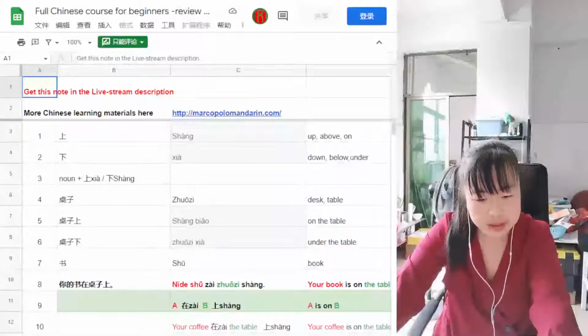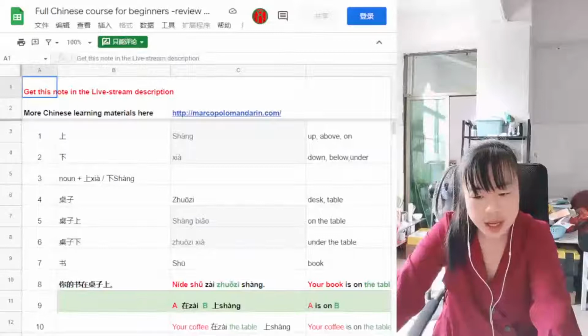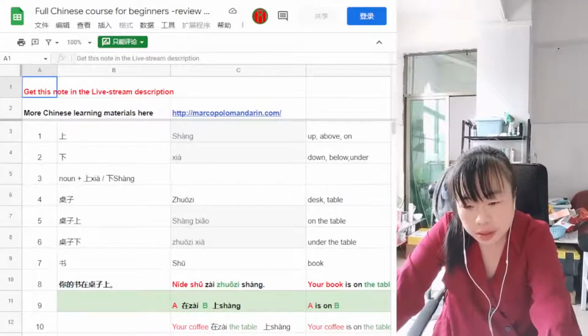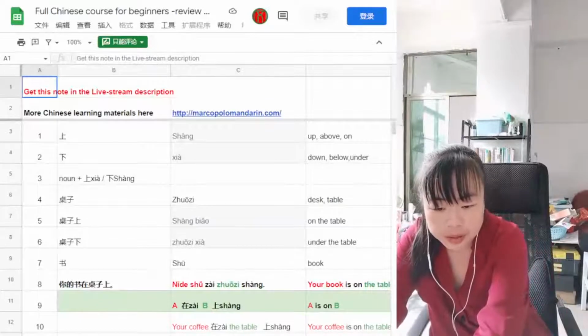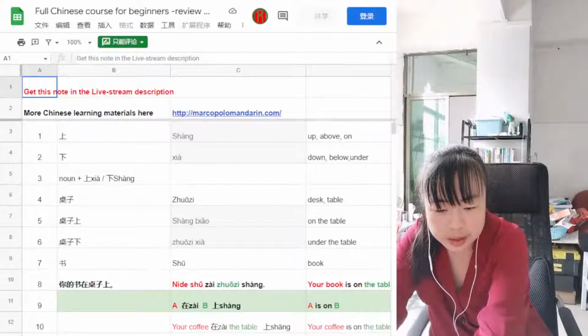Okay. These are the words. These are the sentences. I will just type here. The first two are in front of, and the next two are behind.